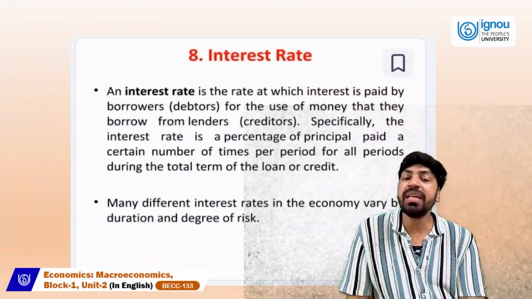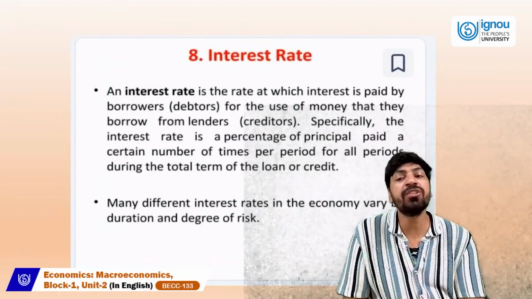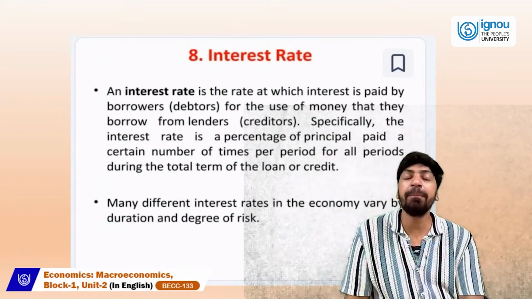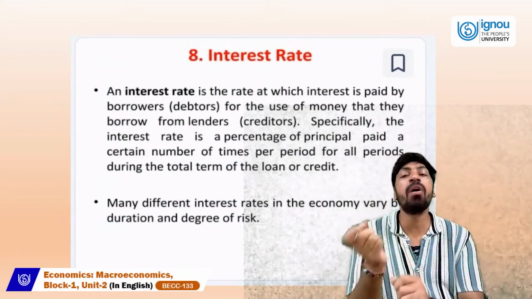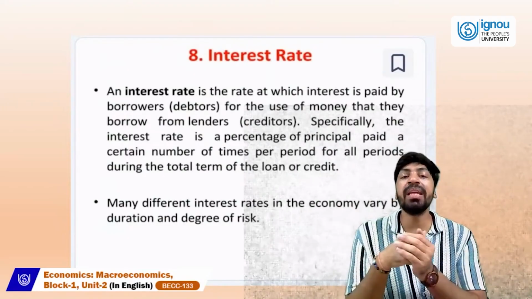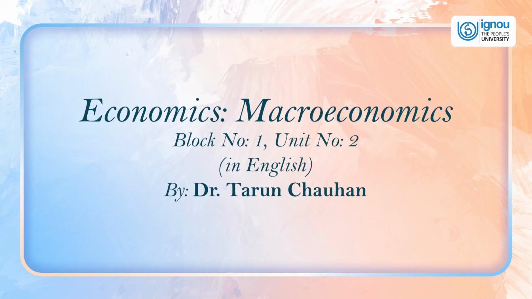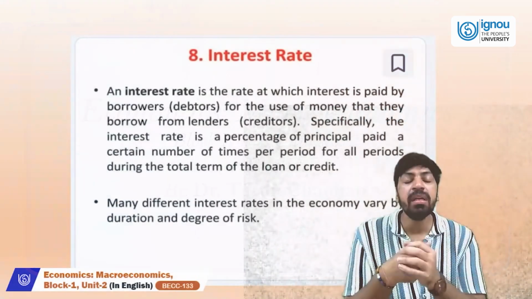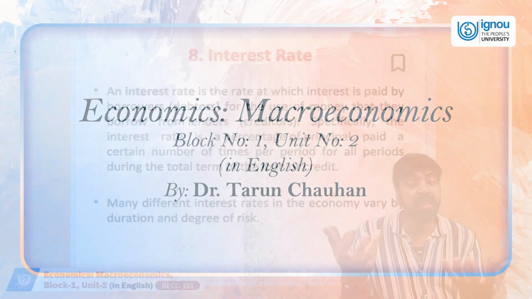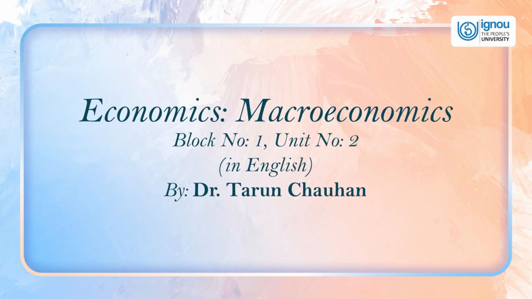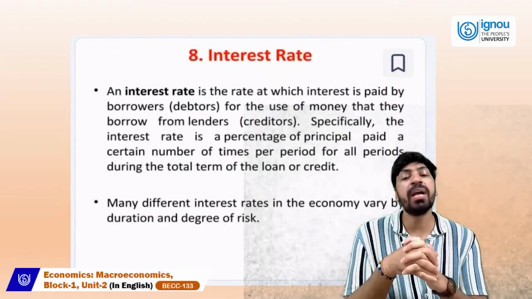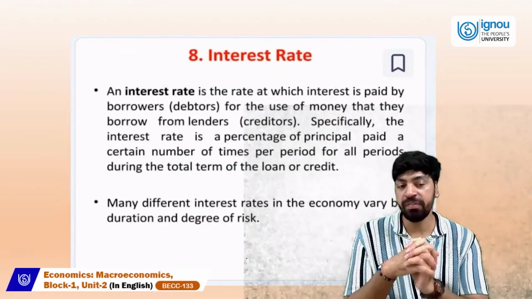So interest rate is actually a percentage of the principal paid over a certain number of periods. It could be a number of years or months, over which a particular total loan amount has to be paid off.